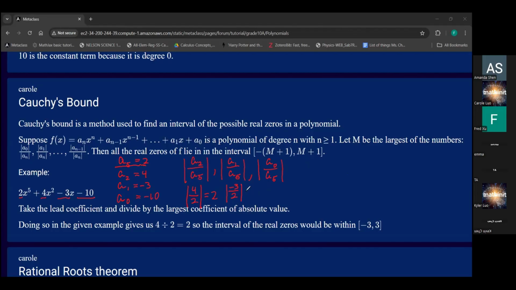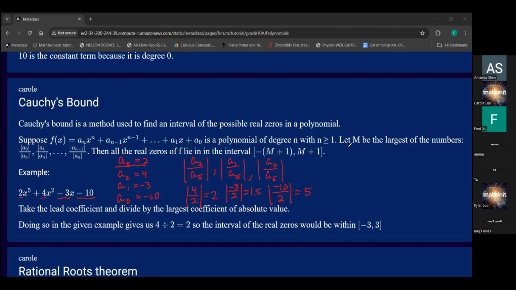You write the answer as a positive. So this is 1.5. And then a of 0 divided by a of 5. A of 0 is -10 divided by 2. The absolute value of this. So once again, it's -10, but you just make it positive regardless. So this is equal to 5.